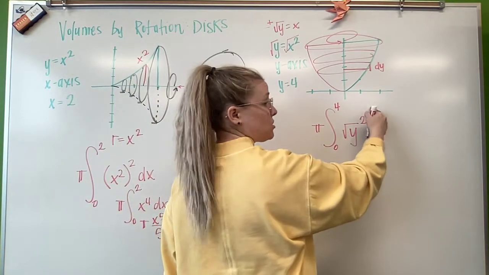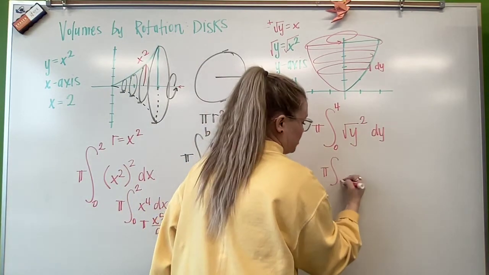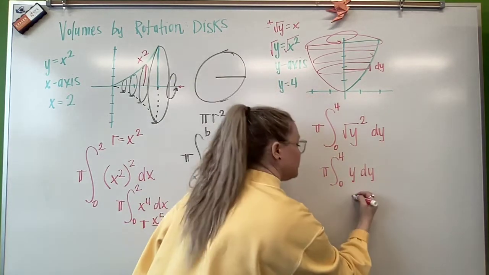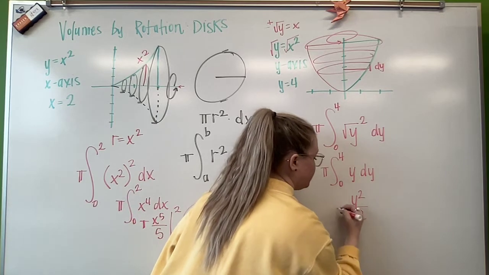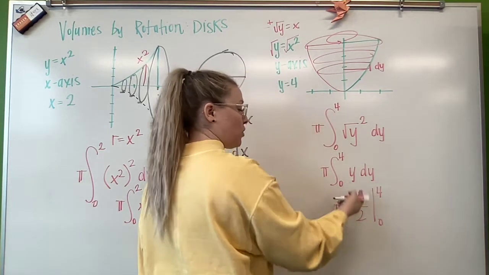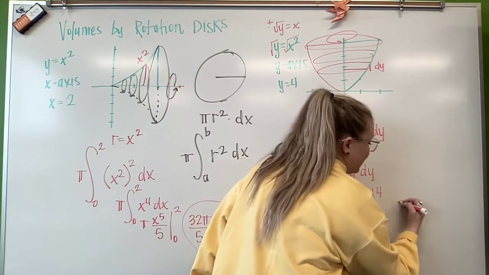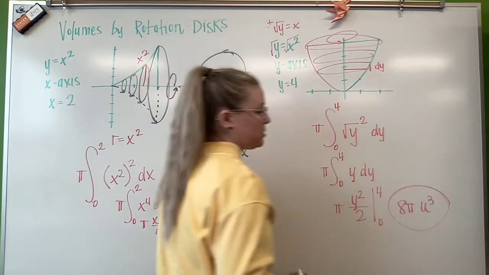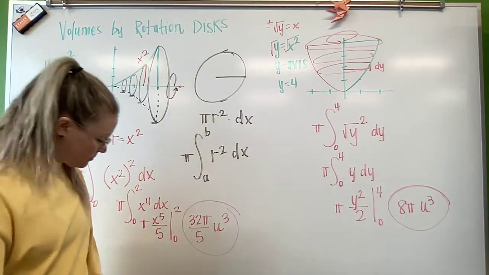So square root of y squared, that is just going to give me this y. And I anti-derive. So y squared over 2 times pi from 0 to 4. 4 squared is 16, divided by 2 is 8. So this is 8 pi units cubed, because we're talking volume.